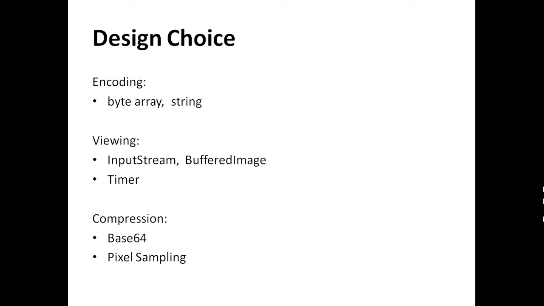For viewing, after reading the file using input stream, we get a byte array. Then read the first 4 bytes of that array to get the size S of the first image, and read S bytes to store it as a buffered image. Then store all images in the same way.